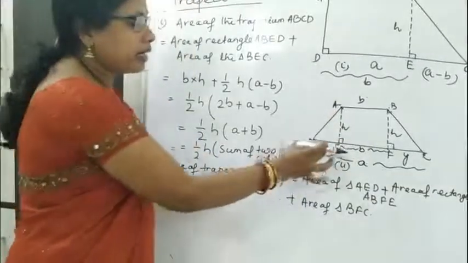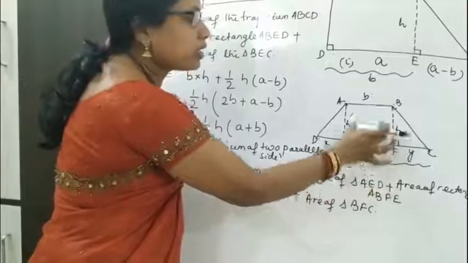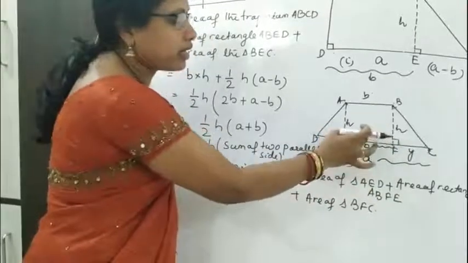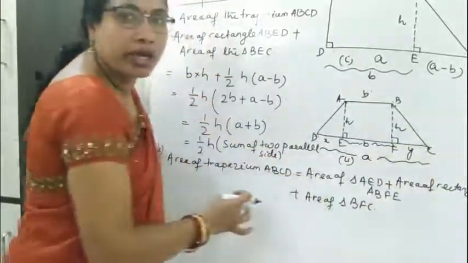So what is the area of triangle AED? Let DE be x unit. EF is equal to AB as this is a rectangle, so this is b unit, and let CF be y unit.